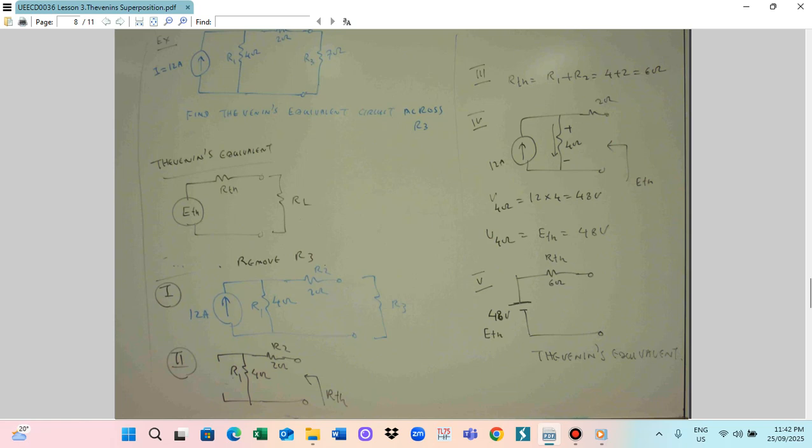Because of this, in this circuit we have to find the Thevenin equivalent voltage. Thevenin equivalent voltage means that you have to find the voltage across it. Firstly, you need to open the R3. So, to find the Thevenin equivalent, step one is you have to remove the R3.